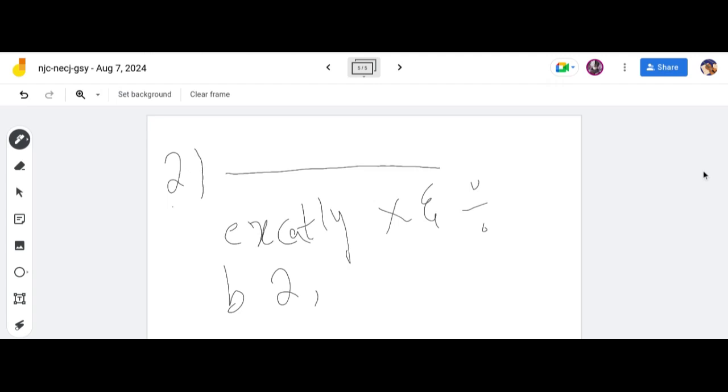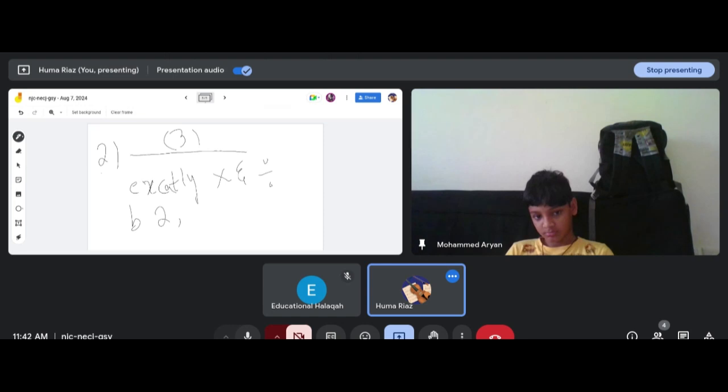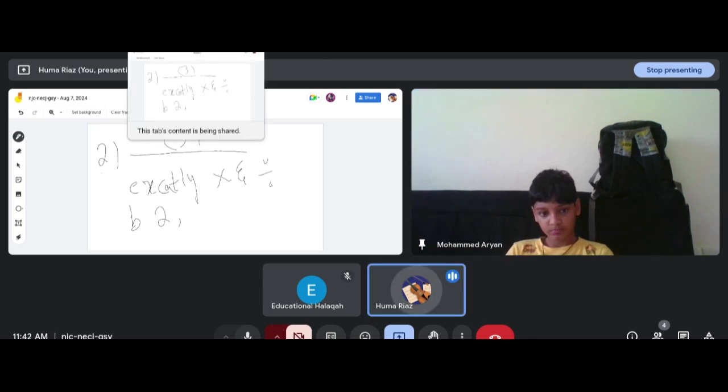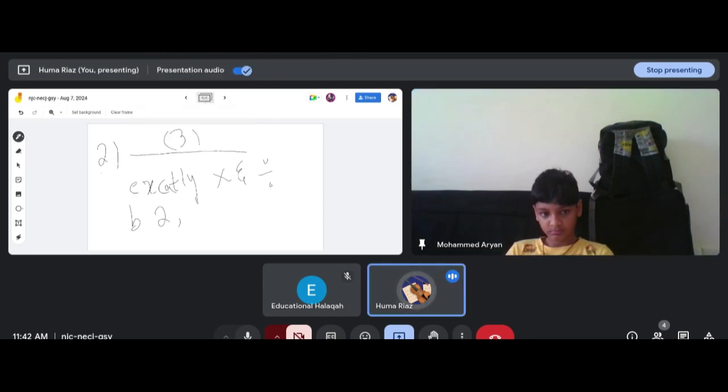So if I put 3 here, is 3 an exact multiple of 2? No, it isn't. And is 3 exactly divisible by 2? No. Remember that if you solve the division, the answer should be in a simple form. You don't have to get the answer in points like fractions, okay?